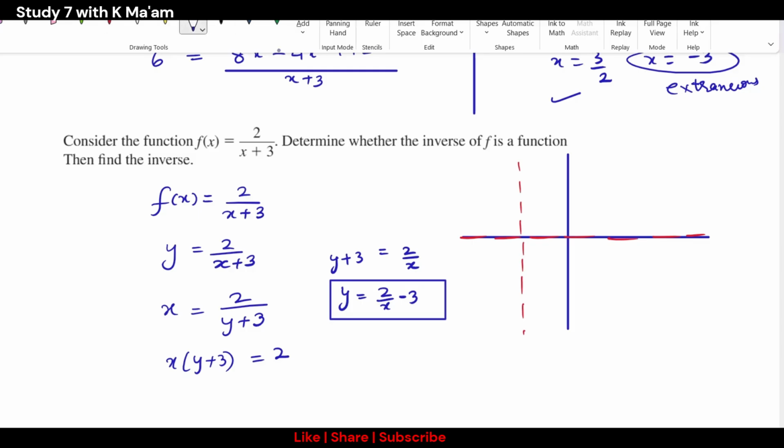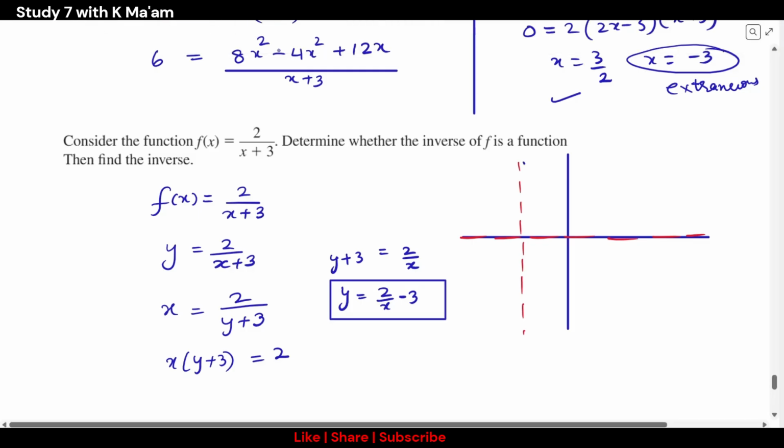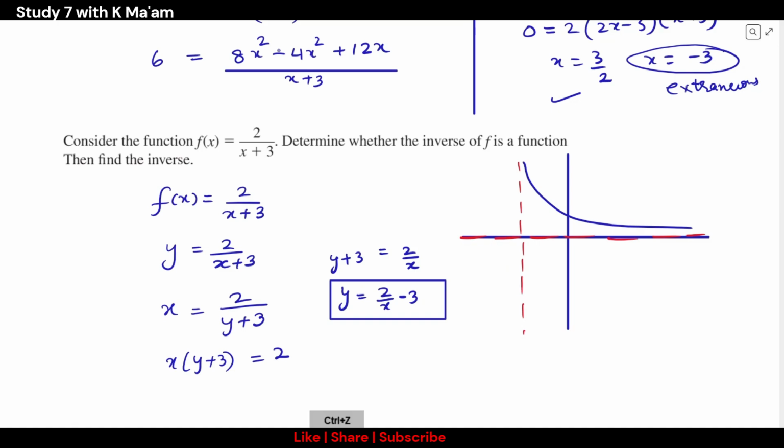On the right side you get positive values. On the left side of this you will get downward values. This is the y equals 0 asymptote. This is the x equals negative 3 asymptote.